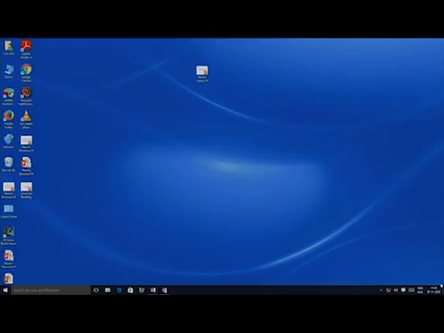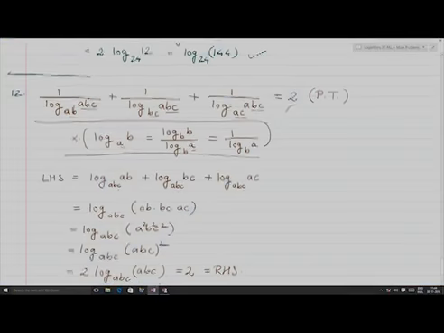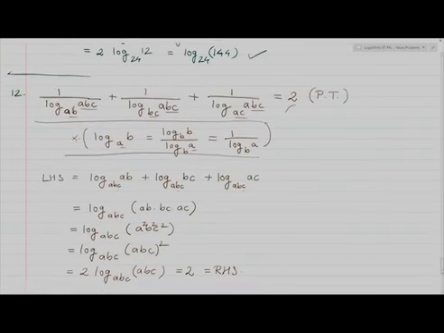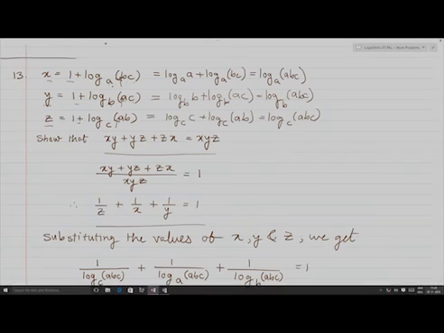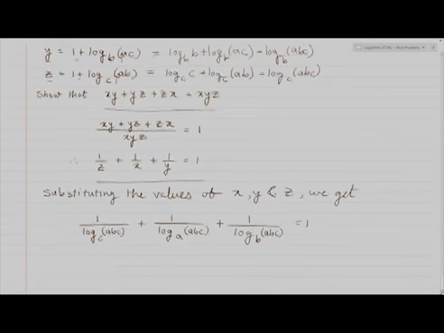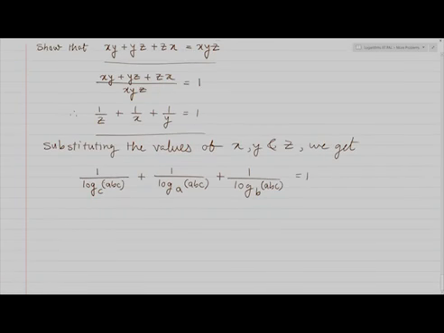So what we will do is this. I will change this ABC pattern. I will convert the argument to the base and the base to the argument. How will I do it?